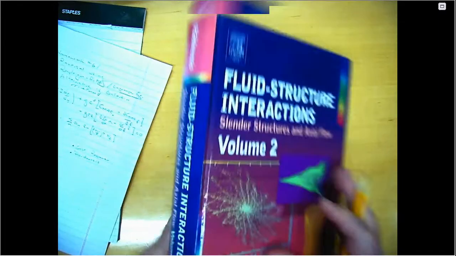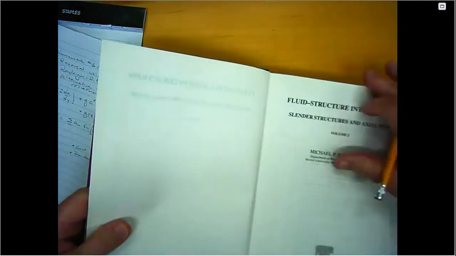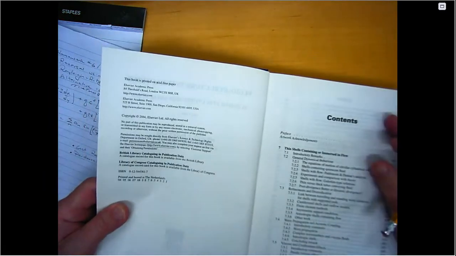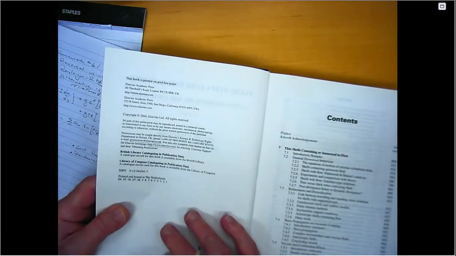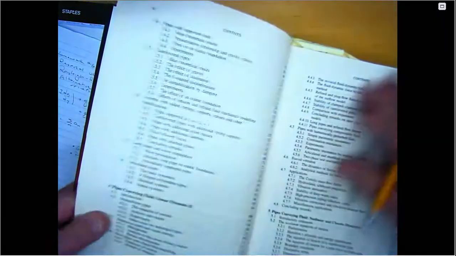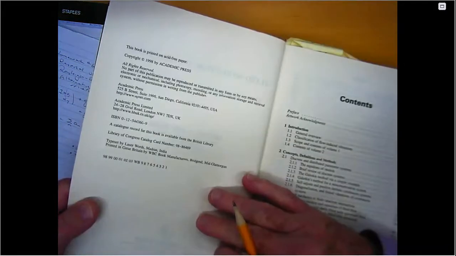And these are relatively recent. Volume 2 came out in 2004, and volume 1 came out in 1998.